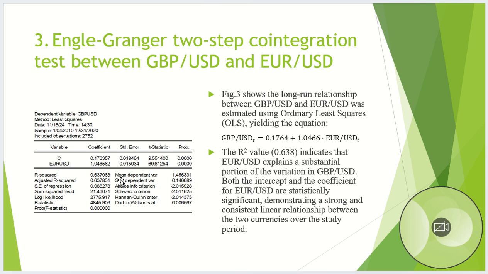The picture on the left shows the long-run relationship between GBP/USD and EUR/USD estimated using OLS. The equation is shown below. The R-squared value of 0.6 indicates that EUR/USD explains a substantial portion of the variation in GBP/USD.